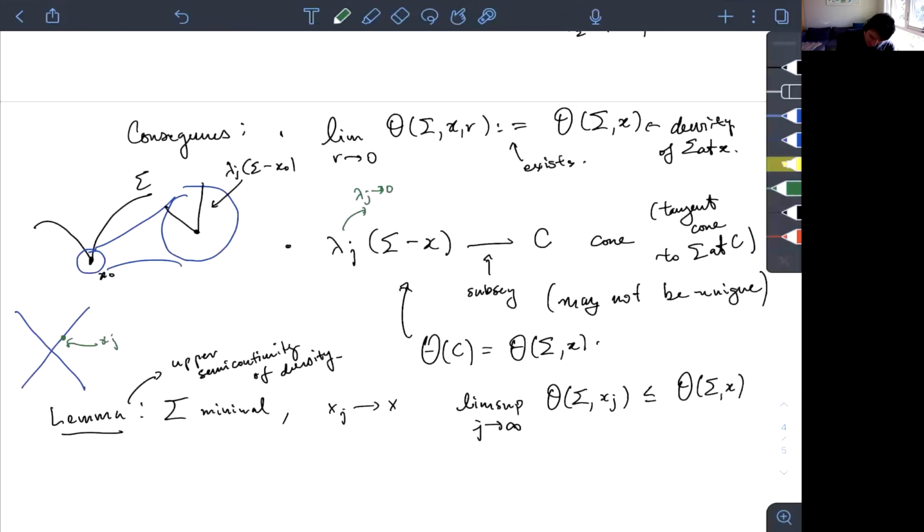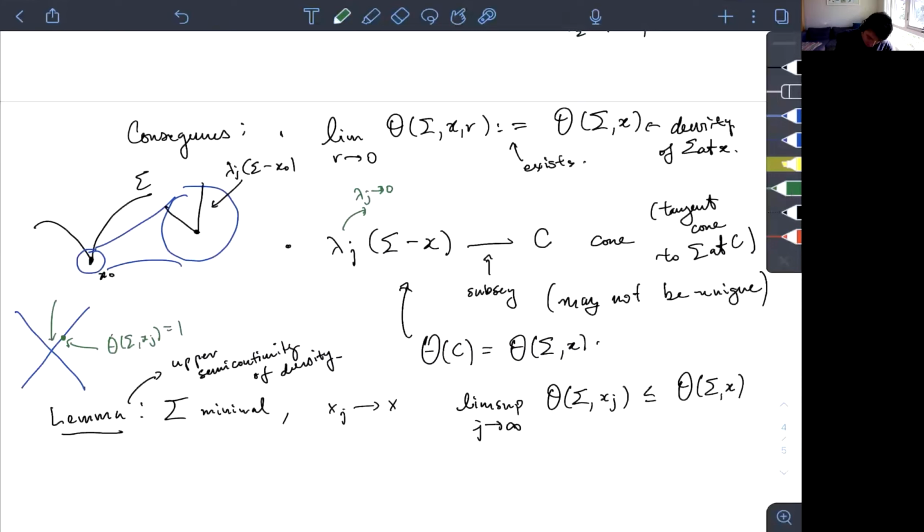So at xj, at this point, you have density 1, because if you take a sufficiently small ball, the surface becomes approximately flat and the density limits to 1.